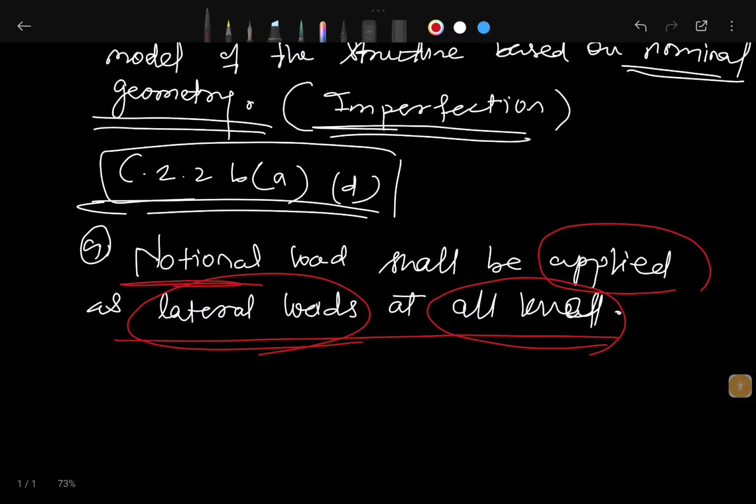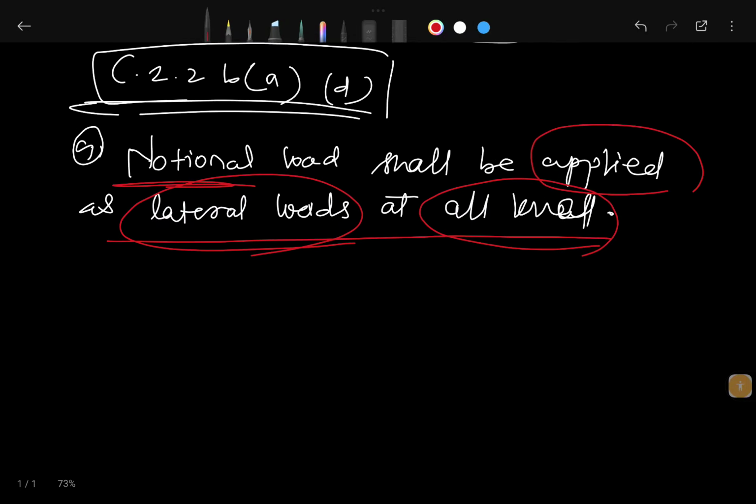The notional load shall be additive to other lateral load and shall be applied in all load combinations also. Okay, there are two types. First one is notional loads are additive.